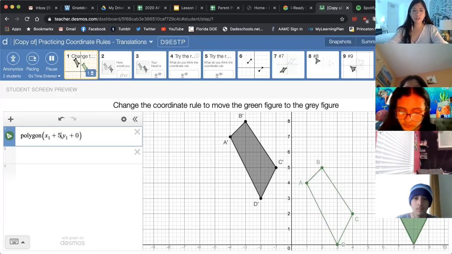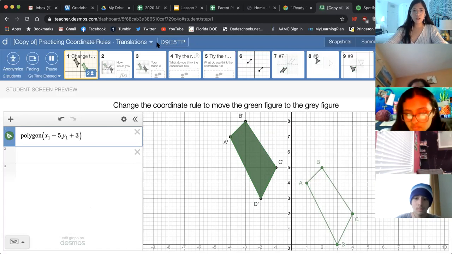I change that 0 to a 5, but it has to be subtracting, so x minus 5. And then up, 3 units. See how it matches up now? If you're not sure, you can try different numbers and see what happens. If I put 4, it's still too far away. Or if I accidentally put 2, just play with those numbers until you get it right.